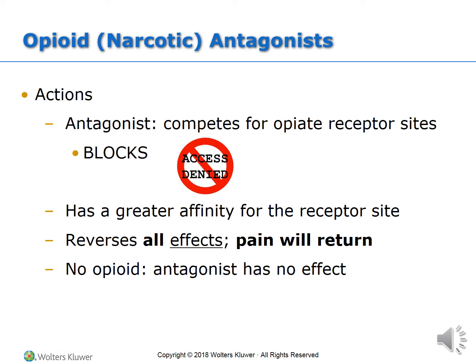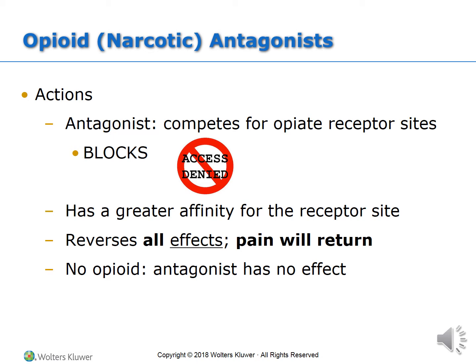So this reverses all effects of that opioid medication. Our intent would be to reverse that suppressed respiratory drive, reverse that somnolence and decreased level of consciousness so they become more alert again and they begin adequate gas exchange. However, you have to keep in mind when you remove that opiate from the receptor site, pain will return, and it will return with a vengeance if it is severe and chronic pain because they no longer have the analgesic effect.